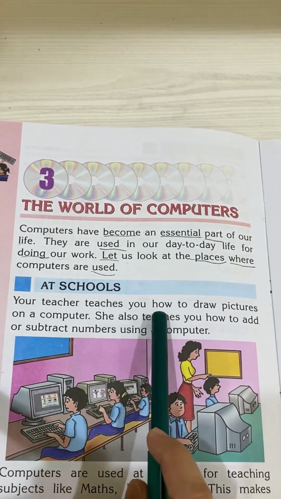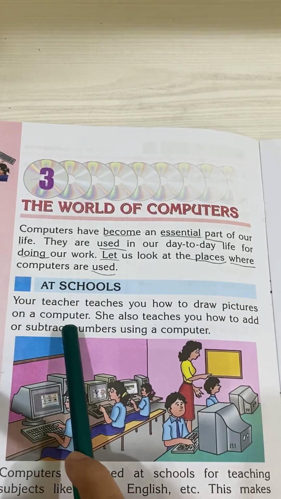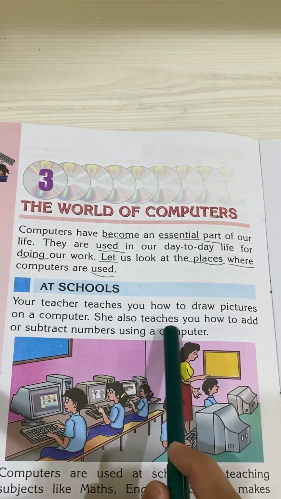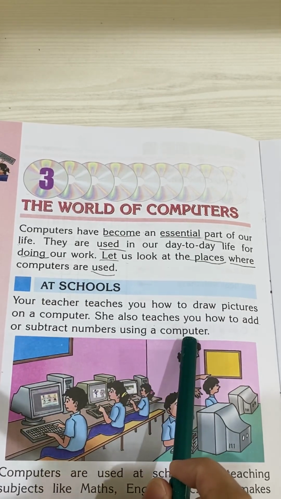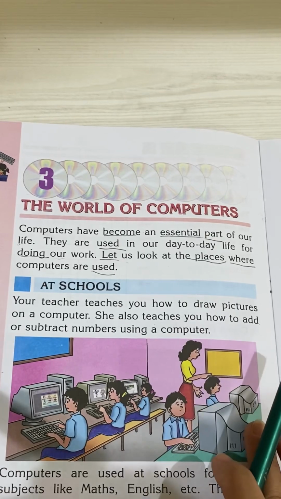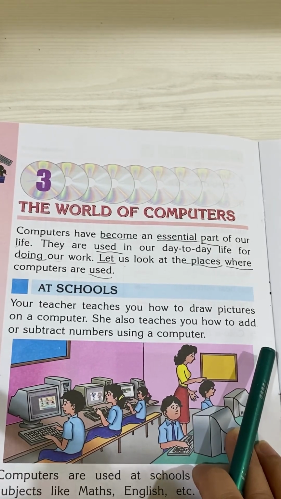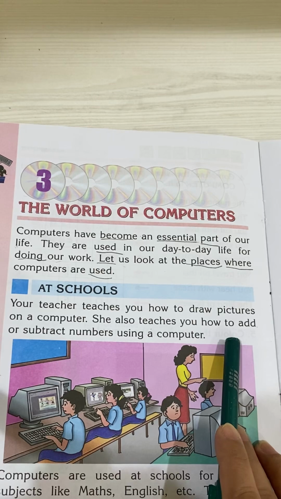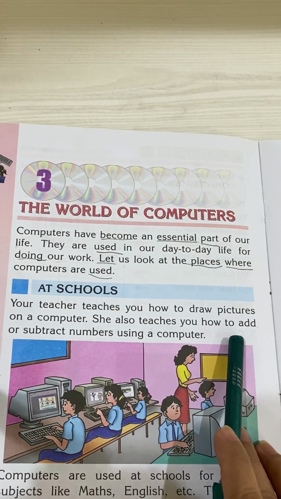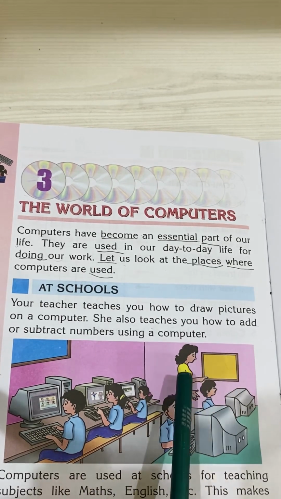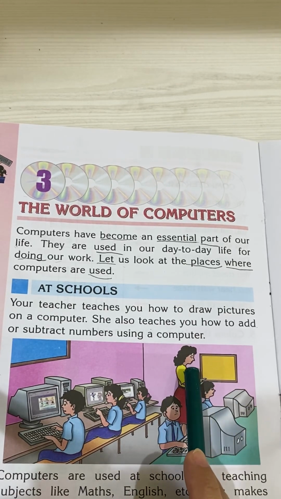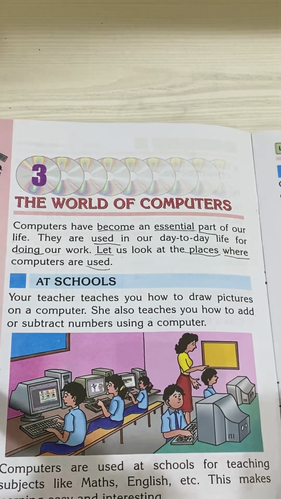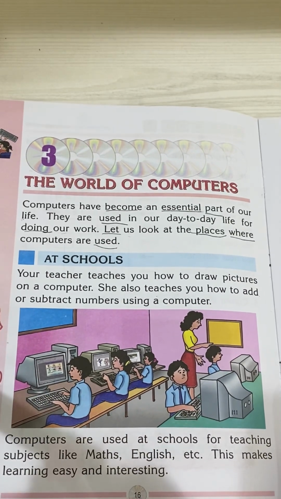Your teacher teaches you how to draw pictures on a computer. She also teaches you how to add or subtract numbers using a computer. In this paragraph, it is told that teachers give them tasks to draw pictures on the computer, on paint software, or they take out the calculator on the screen of the computer and let the kid do the calculations, so the student can easily understand how computers can be used at school.